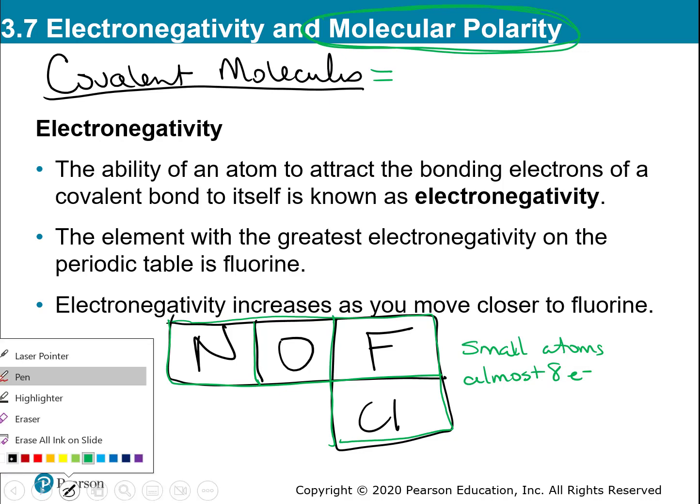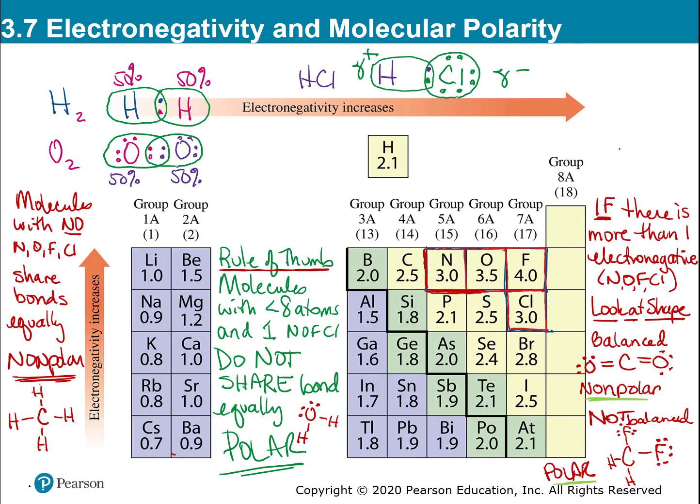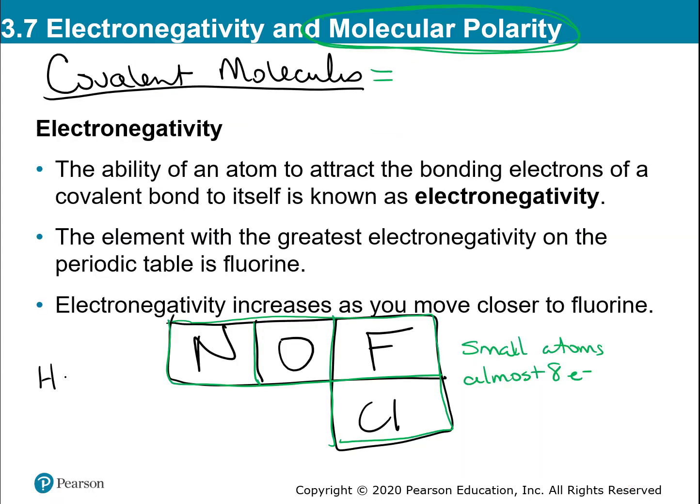So if I was going to draw a hydrogen, I just put its electron here. But if I was going to draw a fluorine, I would actually think of the electrons as being really close to the fluorine, kind of like pulled in really tight. And it's because fluorine has 7 valence electrons. 8 valence electrons makes it stable.